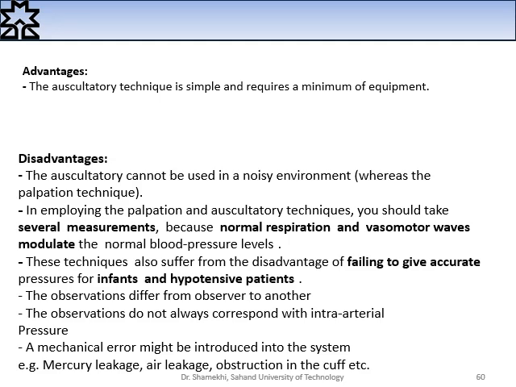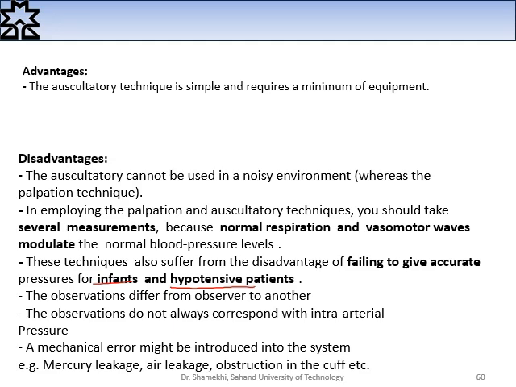Employing the palpation and auscultatory techniques, you should take several measurements because normal respiration and vasomotor waves modulate the normal blood pressure levels. These techniques also suffer from the disadvantage of failing to give accurate pressure for infants and hypotensive patients.